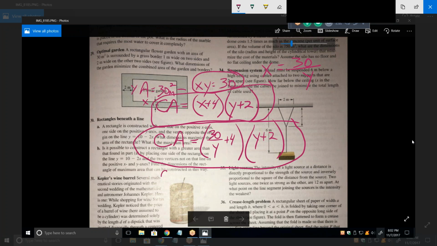So if I rewrite this so that I can use the power rule or the product rule, then it's 30y to the minus 1 plus 4, times y plus 2.